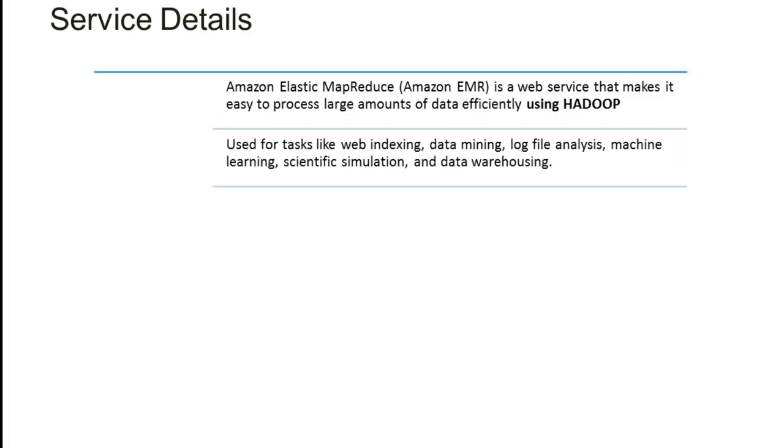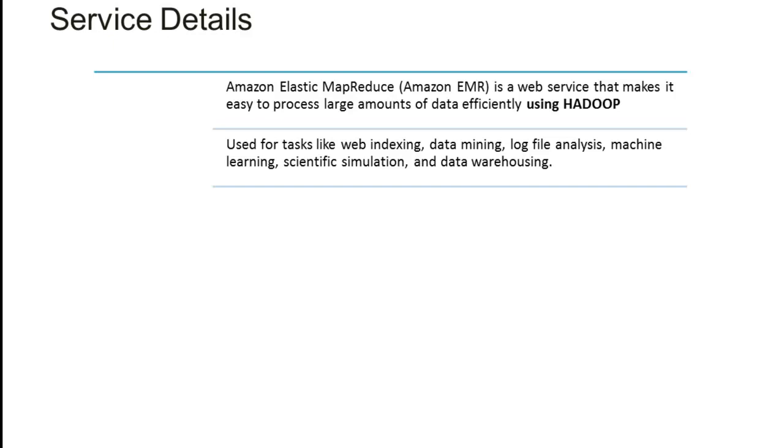It is used for tasks like web indexing, data mining, log file analysis, machine learning, scientific simulation and data warehousing. So, there are various kinds of work in the software industry and computer science which require a huge amount of data to be processed very quickly or in a sensible duration of time.